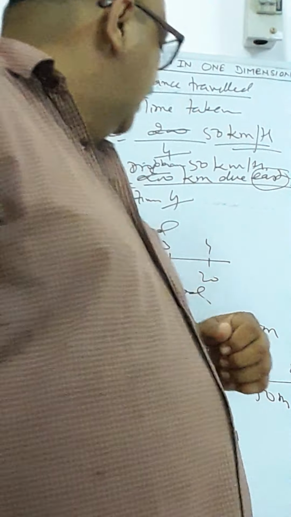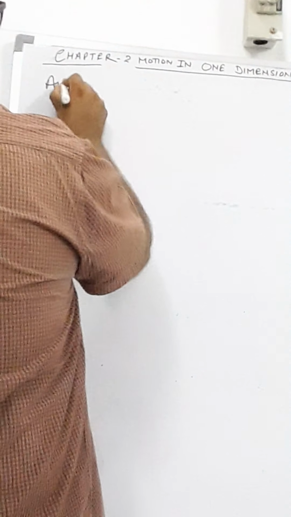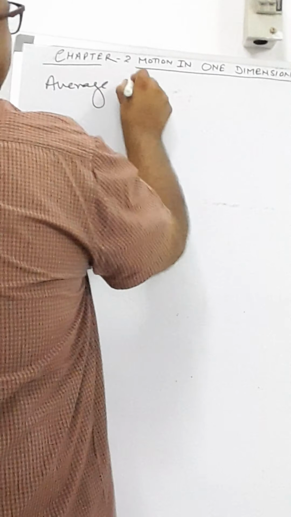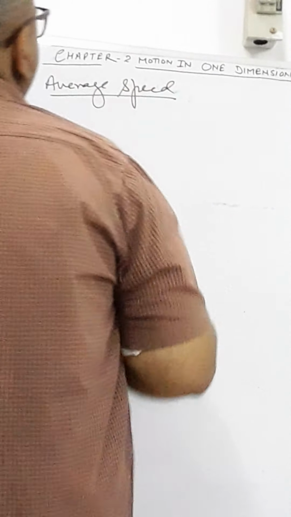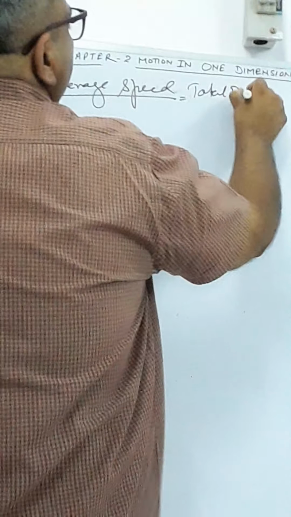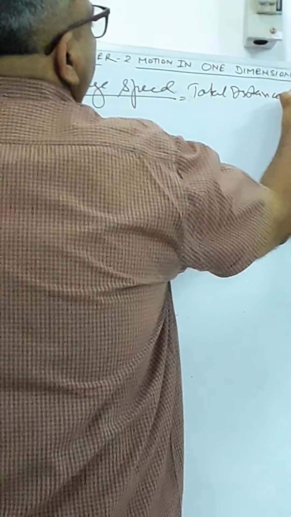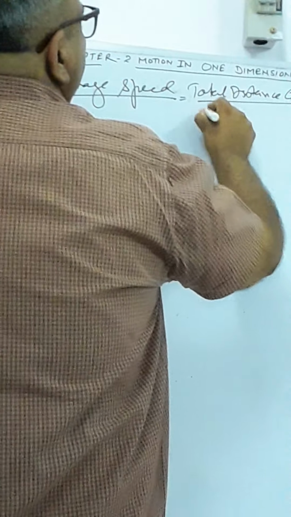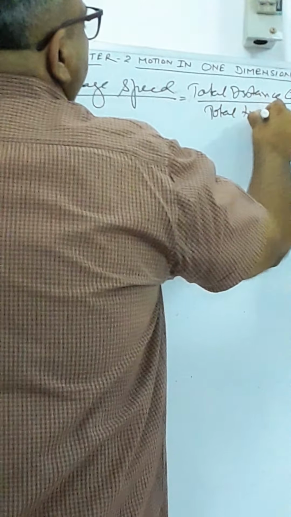Average speed. What is average speed? Look here. Average speed is total distance covered upon total time taken.